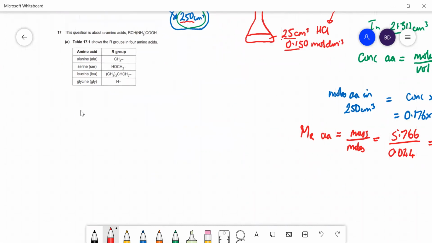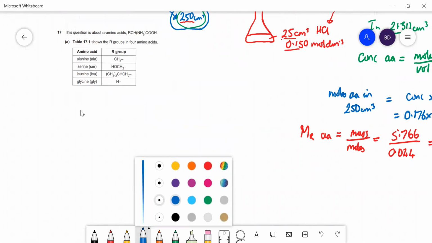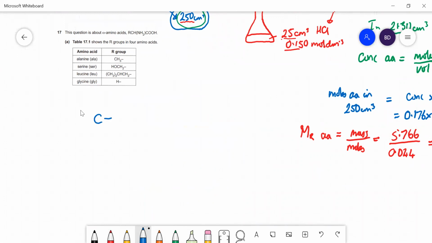The general formula for an amino acid, of course, is we have a carbon atom, a carboxylic acid group, an H, and an NH2 group there. I'll just draw it like that, even though you shouldn't really do that, and an R group.